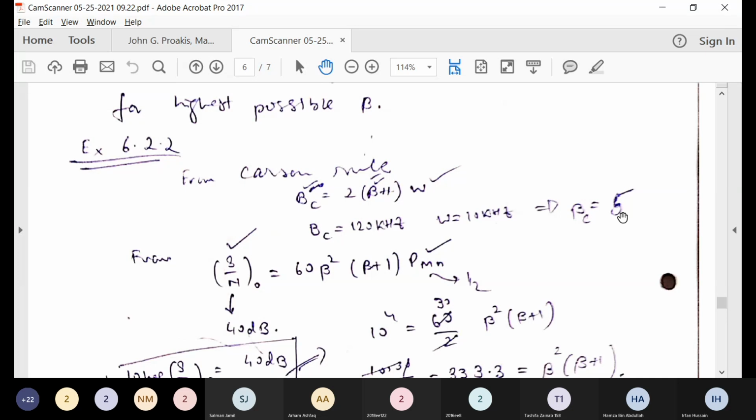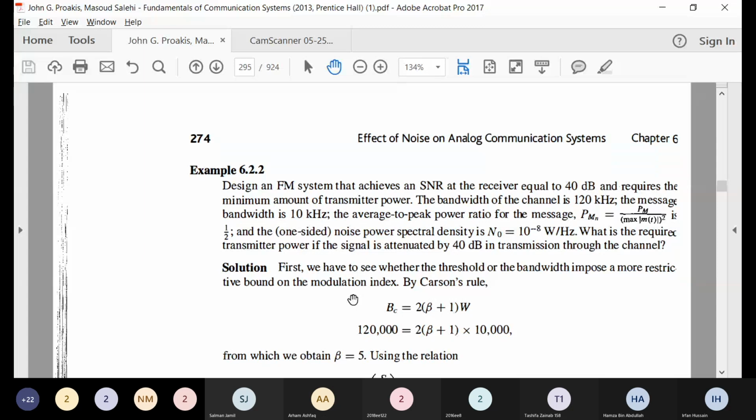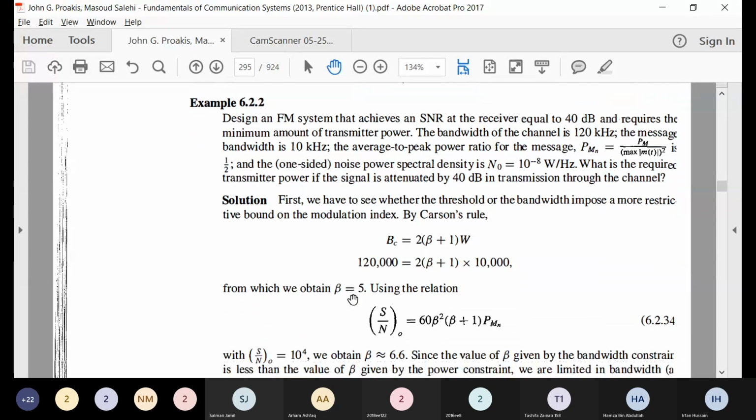Again, you are being constrained by 120 kilohertz. We just have to check that with this beta equal to 5, which is the maximum I can go according to the constraint that I am already given, am I working above the threshold, or am I not working above the threshold? So we have to find the threshold.